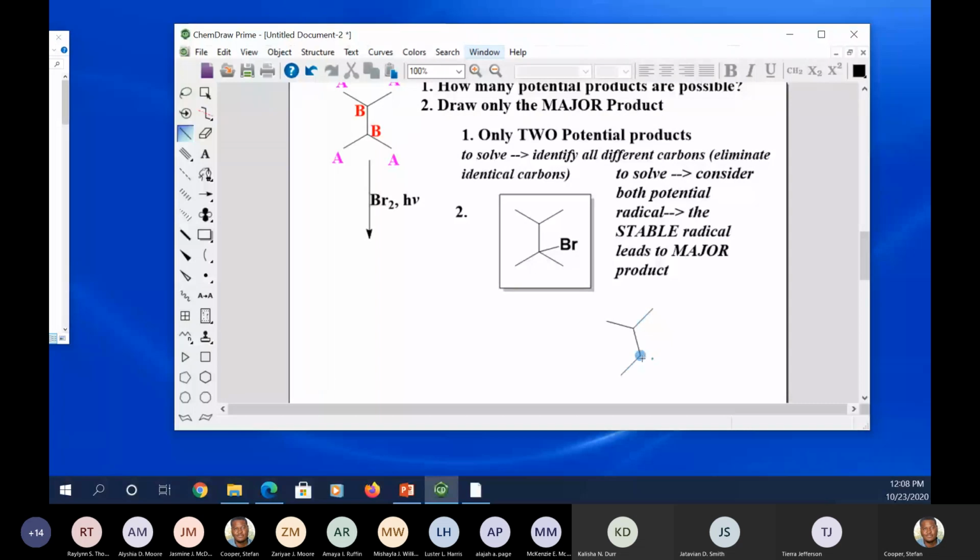The radical from A would look like this right here.